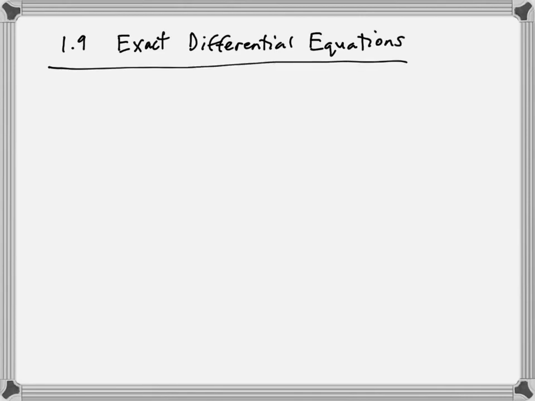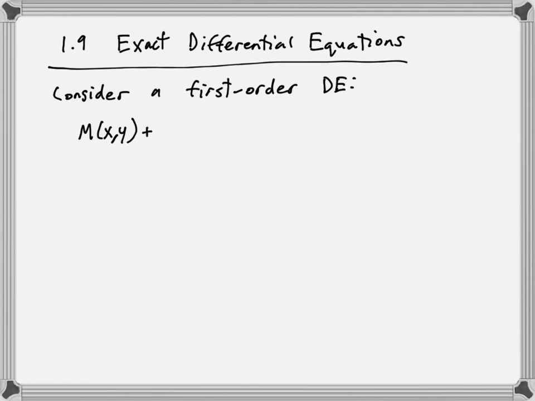So I want us to start by considering a first order differential equation, and we're going to assume that it has no specific form. In other words, any differential equation looks like this: M of x,y plus N of x,y times a derivative is equal to 0.